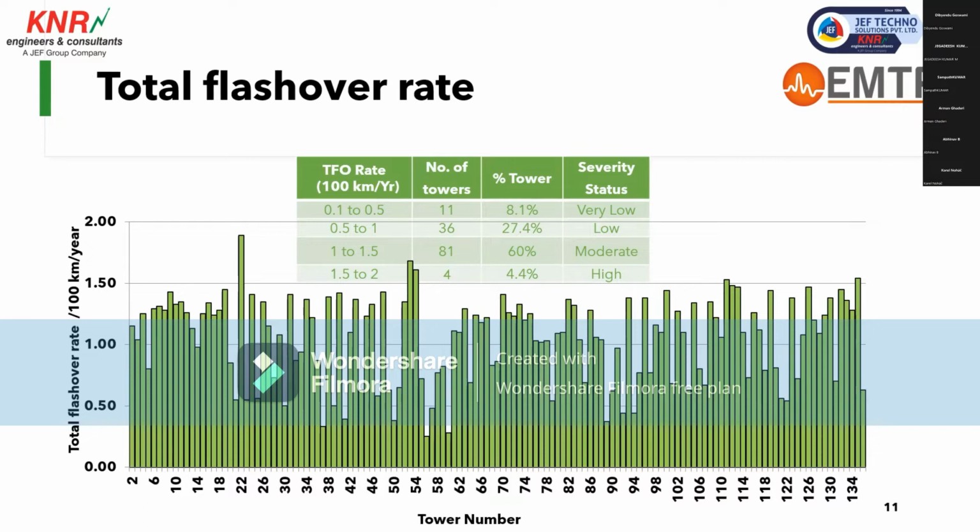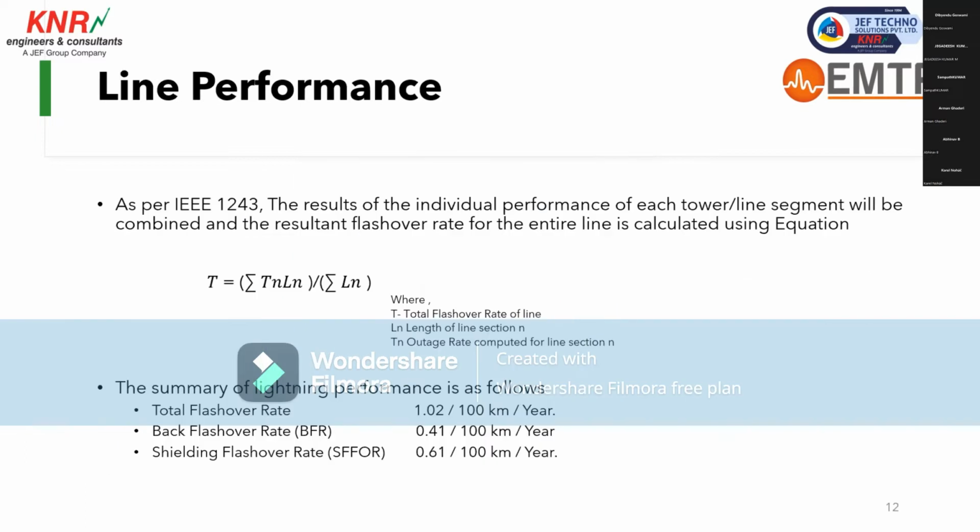So from this analysis, we are able to filter out the towers which are vulnerable. So we see that around 4% of towers, that is around 4 towers, have a very high flashover rate, causing a major issue in the transmission network.